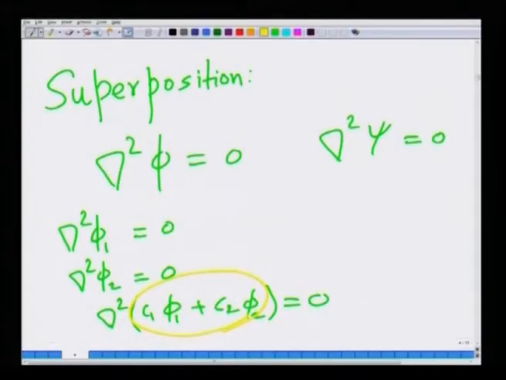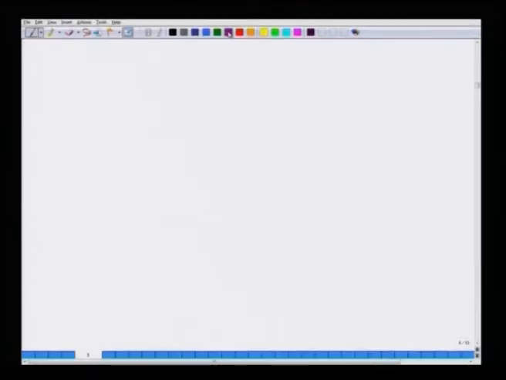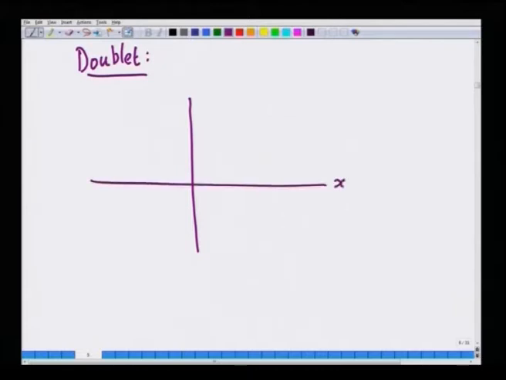Okay. So, let me do this for what is called a doublet or a dipole. So, essentially you have in the xy plane a source of strength plus m, at a distance minus a from the origin on the x axis, and a sink of strength minus m. Okay.